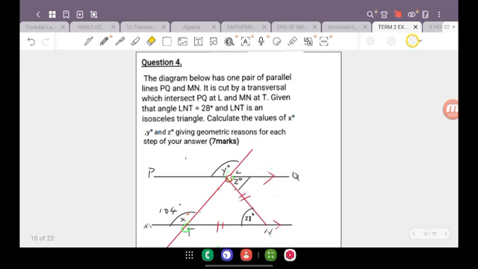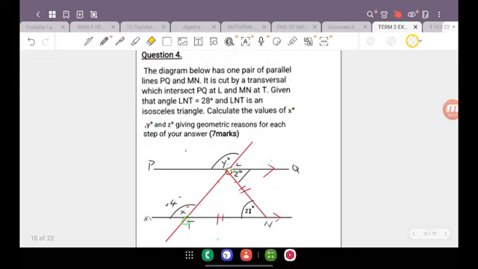So the diagram below has one pair of parallel lines which are PQ and MN, which you can obviously see from the diagram drawn below.